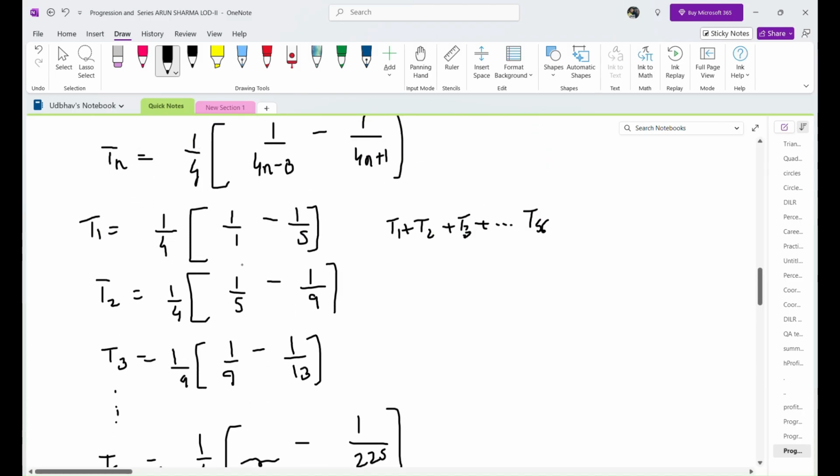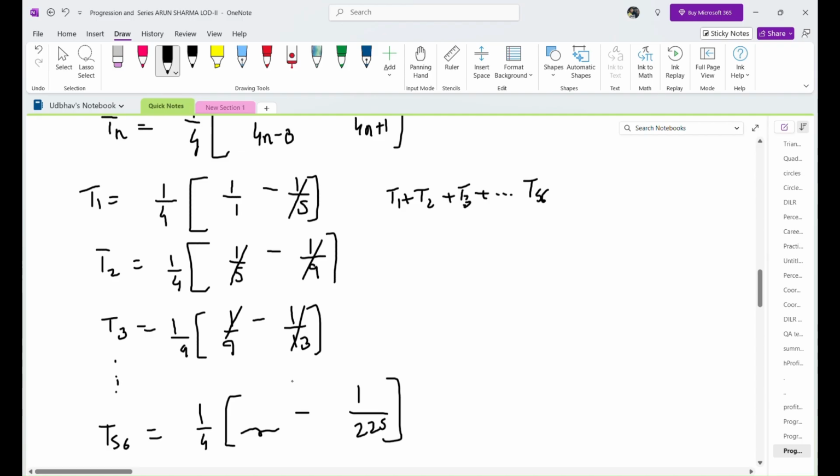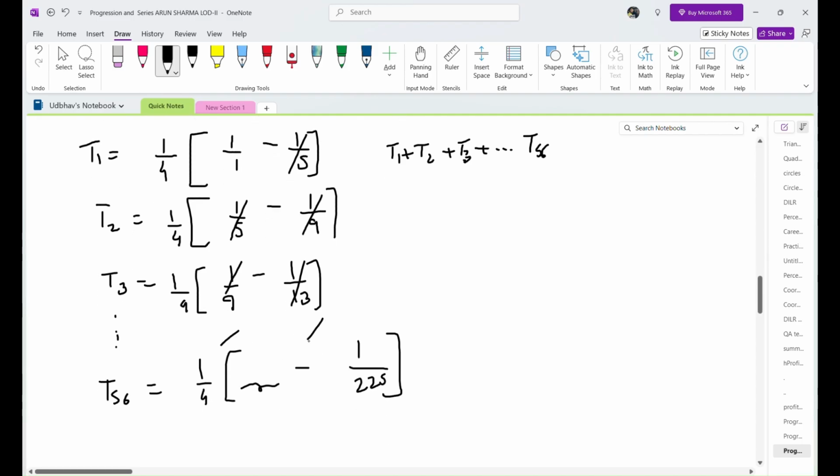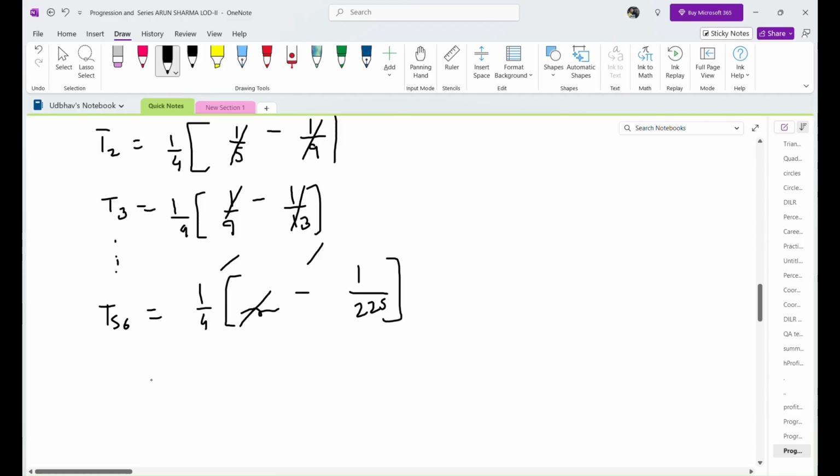And if we add this now, you can see this 1 by 5 will get cancelled with this 1 by 5, this 1 by 9, 1 by 13 will get cancelled by this, and we'll be left with just this.